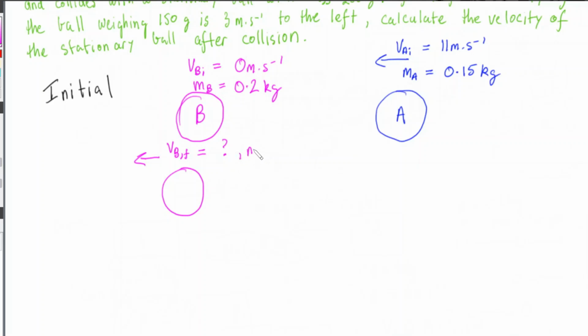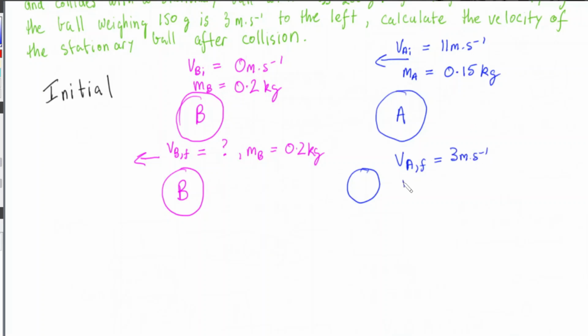The mass of B is still 0.2 kilograms. It's not like there's been any loss of mass here, so that's B. And VA is going to be moving with a velocity of 3 meters per second. So now B has been hit by A, so VA final is going to be equal to 3 meters per second.